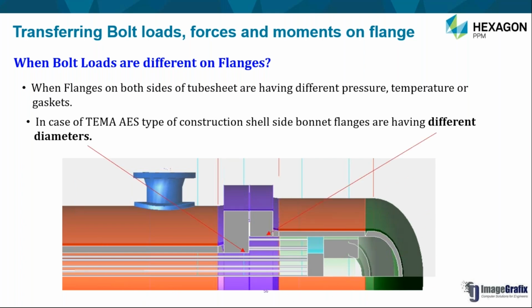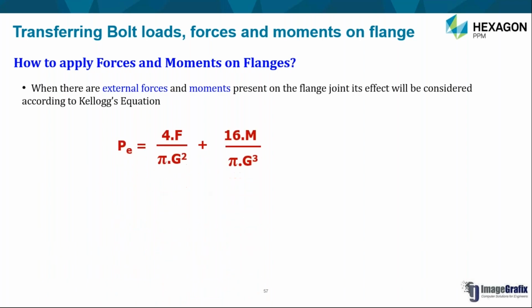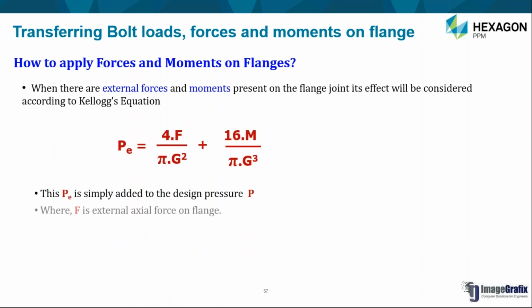Then the last is, now again, if there is any external load for which the flange needs to be designed, then if there is any axial force, that also we have to convert to pressure, and that pressure we have to add into the design pressure.